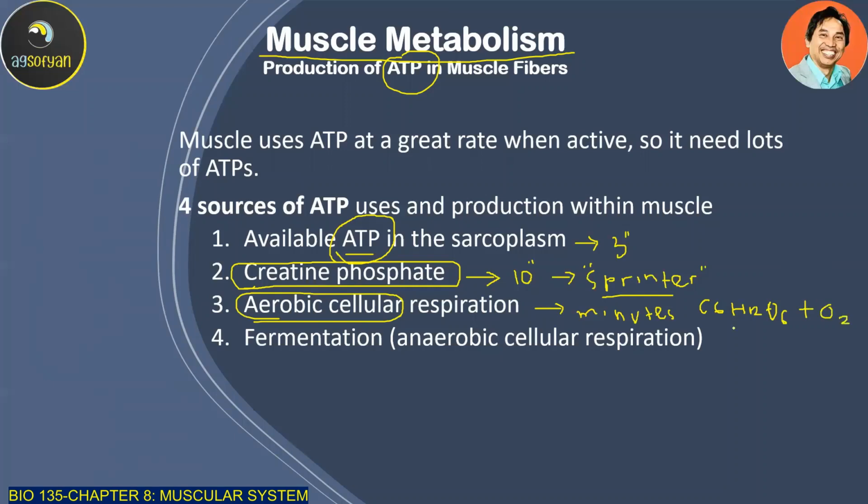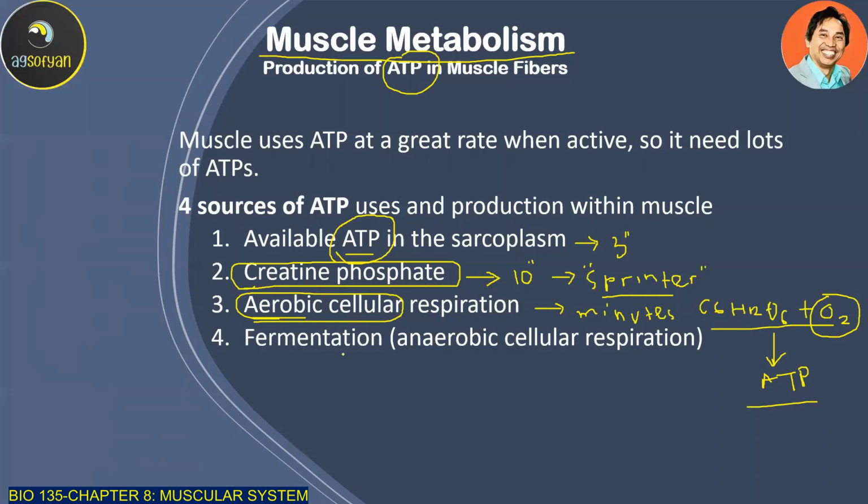So they are needed for making this ATP. This is what we call aerobic. Aero means oxygen. Aerobic cellular respiration will produce ATP for longer muscle contraction.